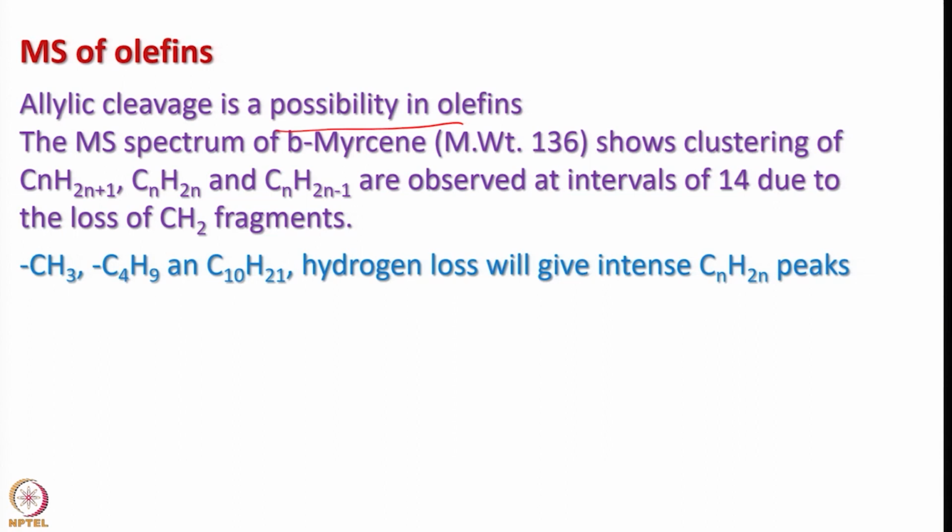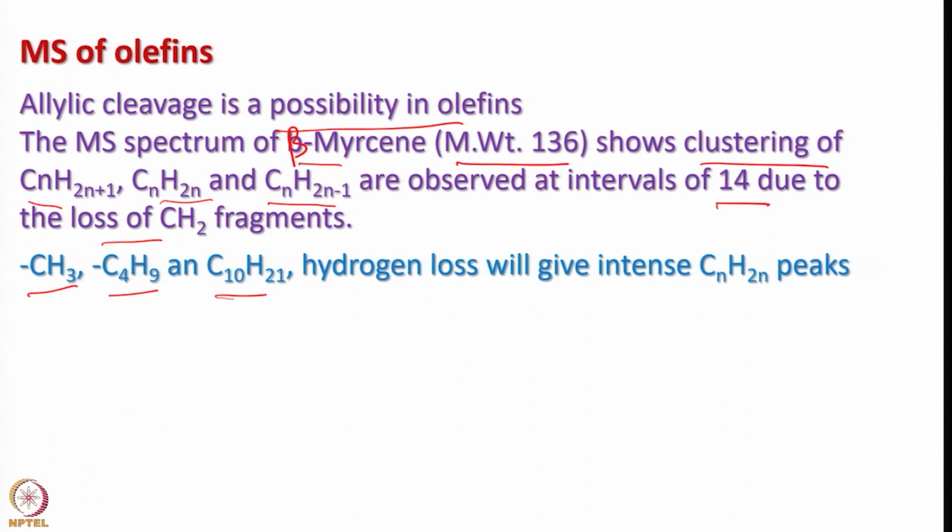The mass spectrum of beta myrcene, molecular weight 136, shows clustering of CnH2n+1, CnH2n, and also CnH2n-1 at intervals of 14 due to the loss of methylene fragments, for example CH3, C4H9, C10H21, and also hydrogen loss.